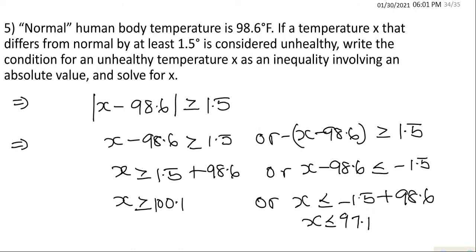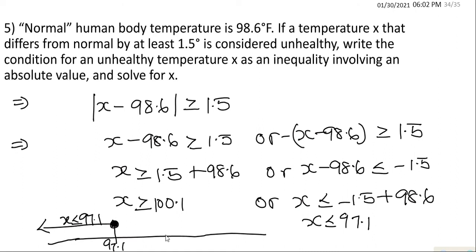Okay, so solving the inequality, this is what we have, and we can represent our solution on the number line to give this. This is 97.1. Okay, x less than 97.1 goes this way. The circle is shaded because 97.1 is included, and we have x ≤ 97.1, and this is the x-axis.